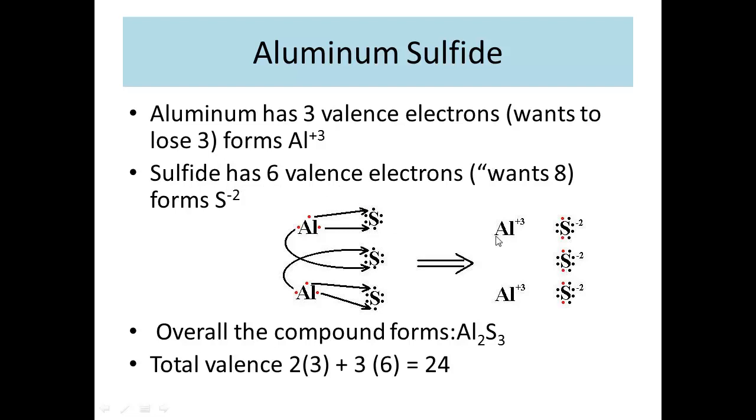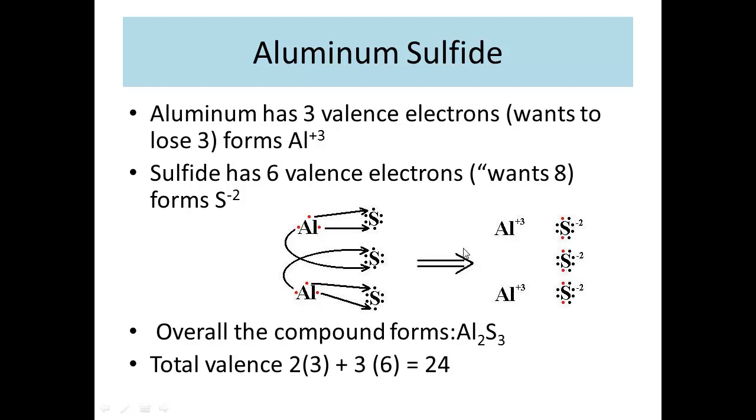It wants 8. It's going to gain 2. So overall, the total of 6 valence electrons from aluminum go to the 3 sulfur atoms, so that each sulfur gains 2, each aluminum loses 3. So you have Al forming plus 3, sulfide forming a minus 2.